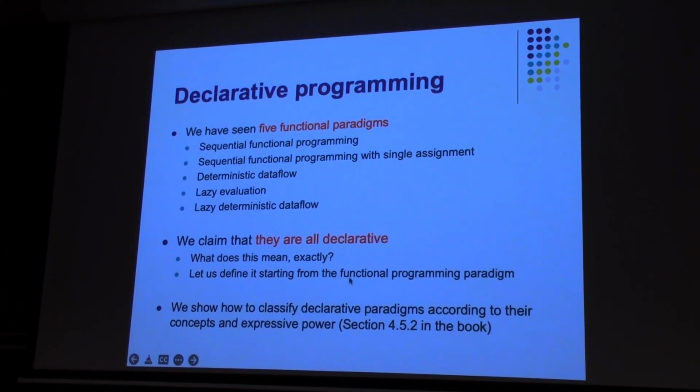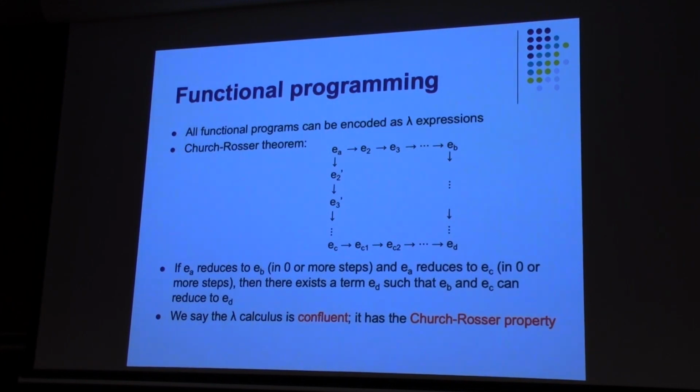And we start from functional programming. Functional programming, which is the core, and we saw a little bit of that in the previous course. We saw the lambda calculus. I won't go too much into the lambda calculus now, but I will refresh your memory on one thing, which is the Church-Rosser theorem.